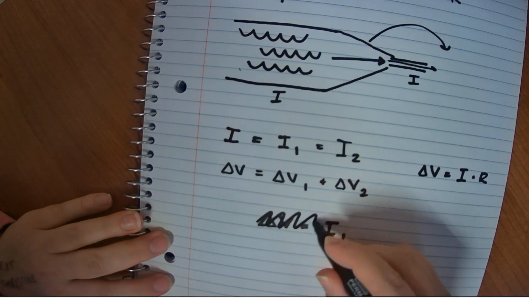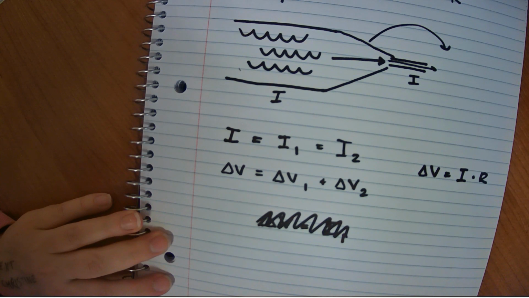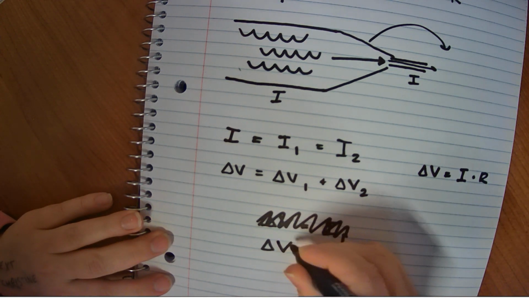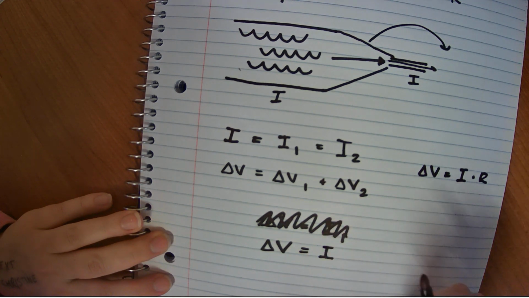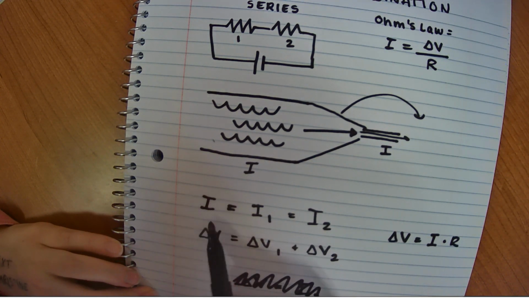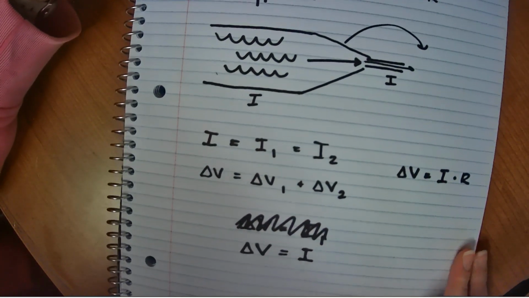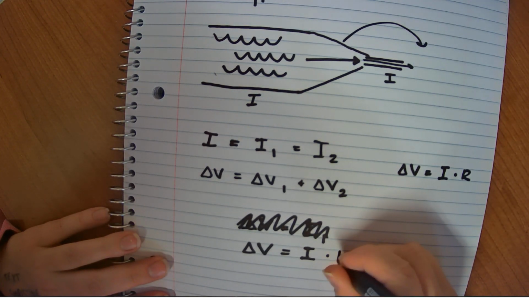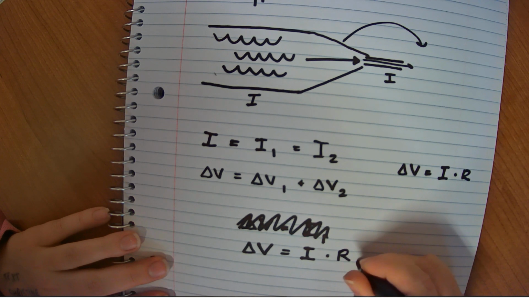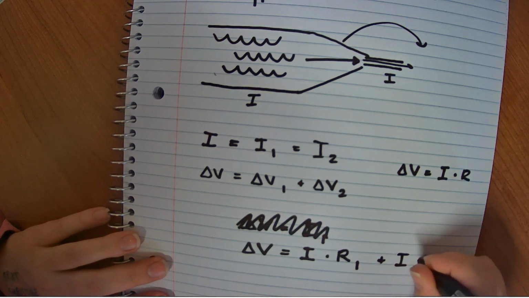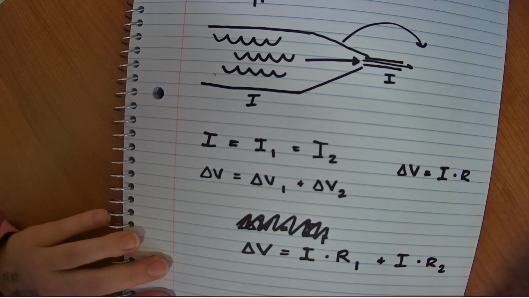Sorry, I apologize. We know that the potential difference across the battery is going to be equal to the overall current, because the current through one is equal to the overall current. It's going to be equal to the current times the resistance in 1 plus the current times the resistance in 2.